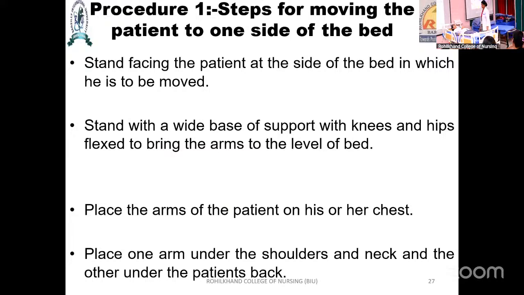Stand facing the patient at the side of the bed to which he is to move. Stand with a wide base of support with knees and hip flexed to bring the arm to the level of the bed. Place the arm of the patient on his or her chest. Now place one arm under the shoulder and neck and the other under the patient's back.